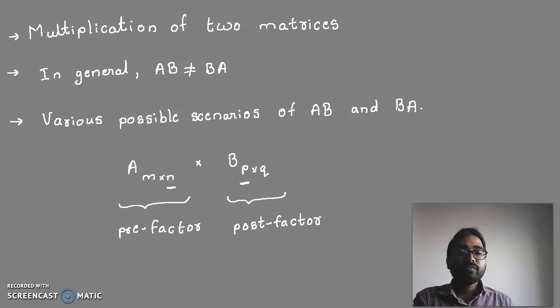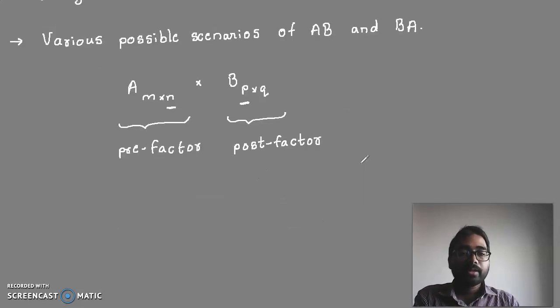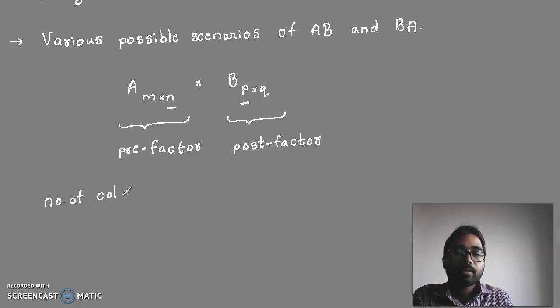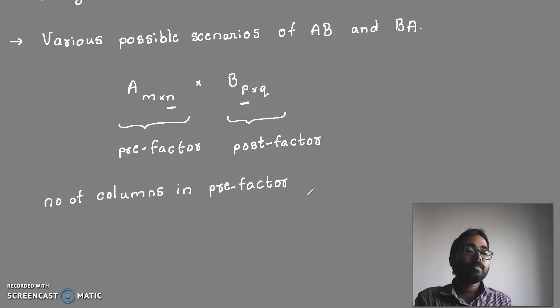So the condition for two matrices to be multiplied is that the number of columns in the prefactor, that is the matrix which comes first, should be equal to the number of rows in the postfactor.